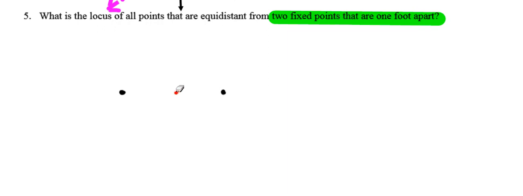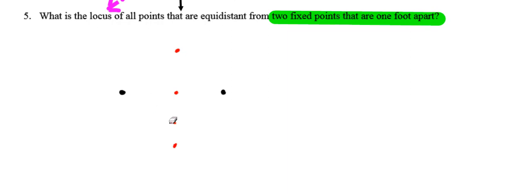So that red fella, same distance to the black dot on the left as it is to the black dot on the right. He's equidistant. This guy up here, same distance to the black dot on the left as to the black dot on the right. This little red fella is equidistant. There's one down here who has the same distance to the black dot on the left as to the black dot on the right, making this red dot equidistant.